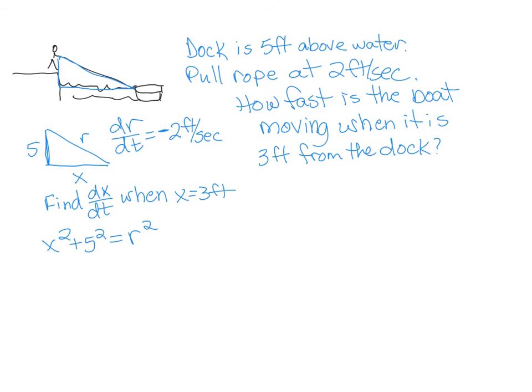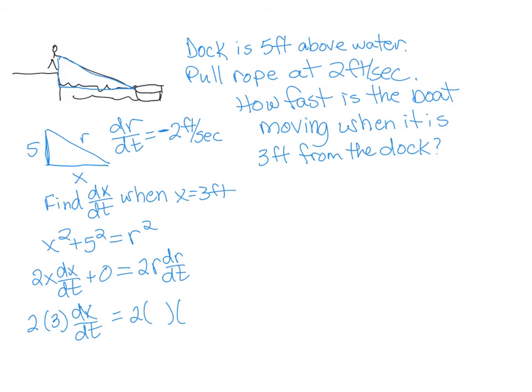Good. So we take the derivative, 2x, but x is changing in time, plus the derivative of 5 squared is 0. Derivative of r squared is 2r, but r is changing. Plug in what we know. 2 times 3, dx/dt is what we're looking for, equals 2r, dr/dt.